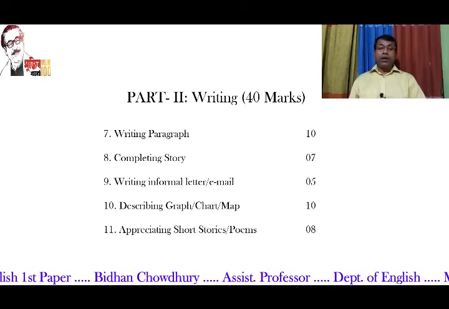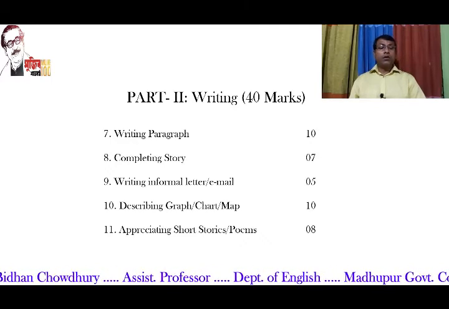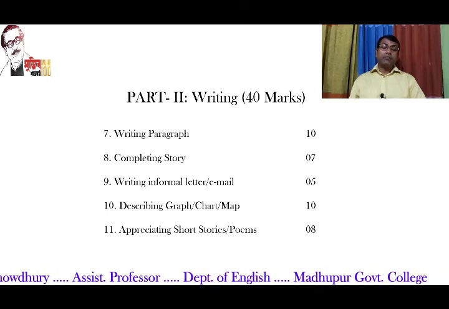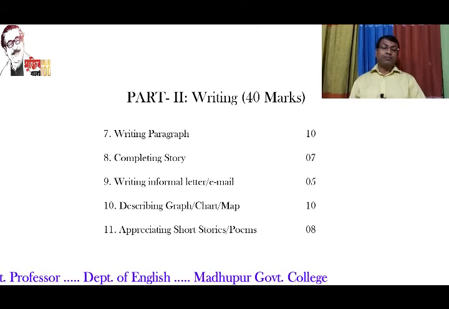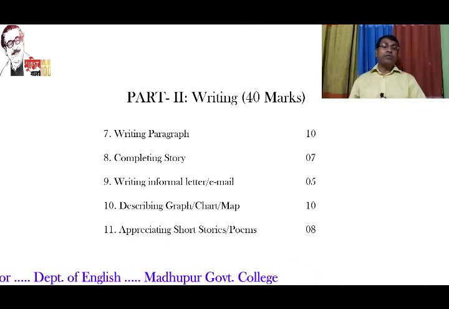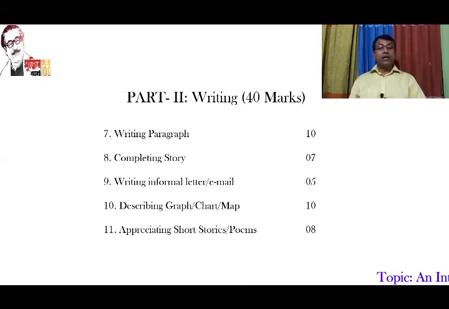And last of all, appreciating short stories or poems, and this time a story or a poem will be selected, and poems may be selected from your textbook or from other sources also, and students will have to summarize the story or appreciate the poem, and for that we can see 8 marks is given.